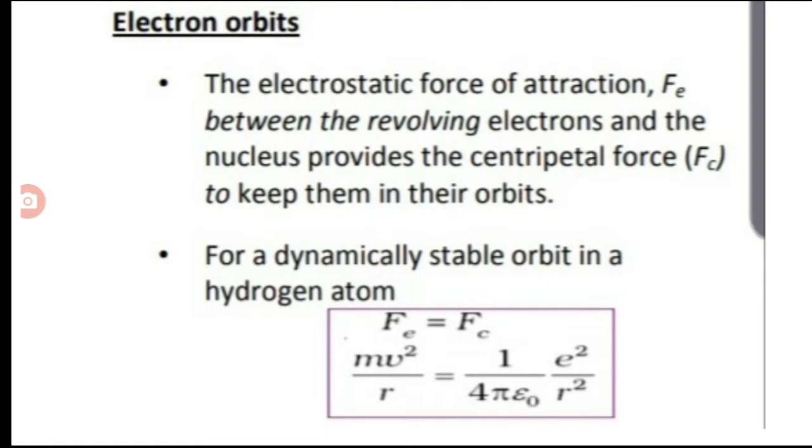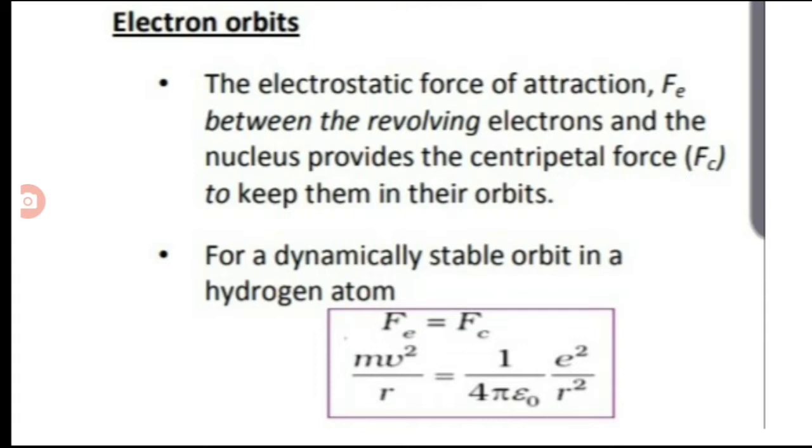So in such a case, we can write the expression for the electrostatic force of attraction between the nucleus and the electron, and that electrostatic force of attraction will be 1 by 4 pi epsilon 0 e square by r square, because both the nucleus and the revolving electron have the same magnitude of charge.